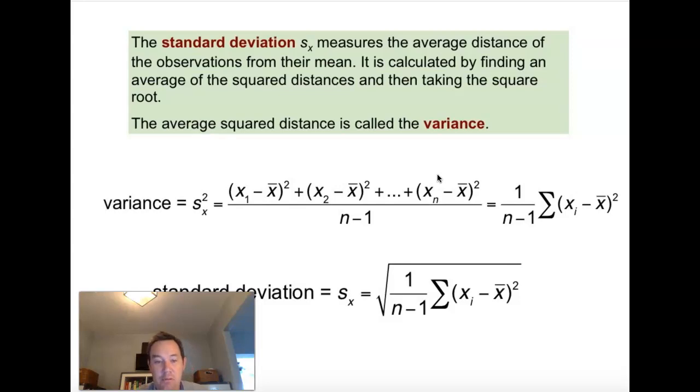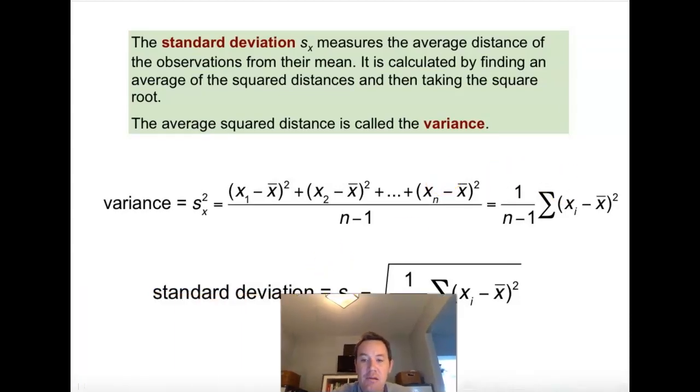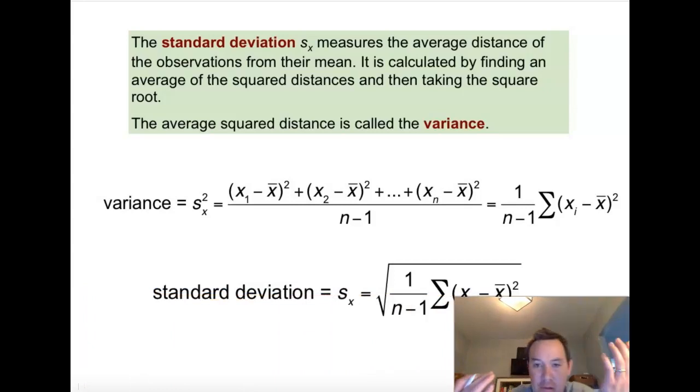It's mostly important for when we get to combining distributions. It is a measure of spread, although its units don't make sense, really, because the units would be squared units of the original data. So it's just something to remember that the standard deviation squared is the variance.